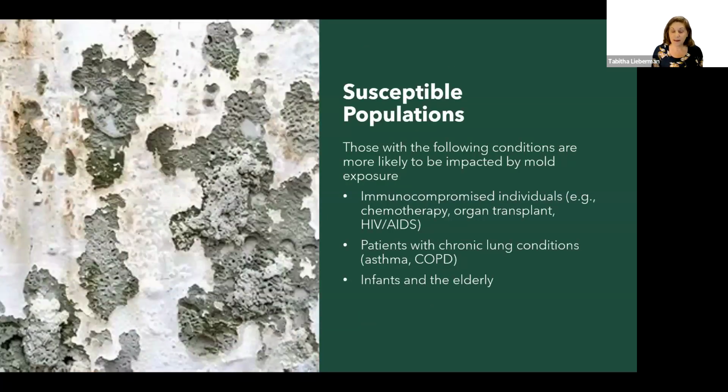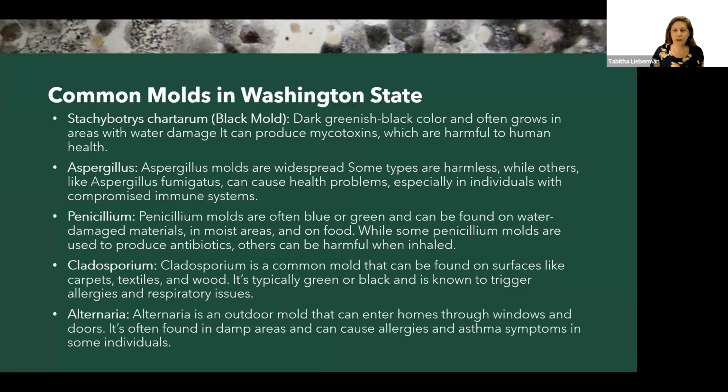As with any of these environmental factors, we know that some of our patients that are immunocompromised or have some chronic conditions, particularly those related to respiratory, are the most susceptible. And we really want to dig in if we are seeing these. Again, we have seen a number of these cases in our clinic recently.